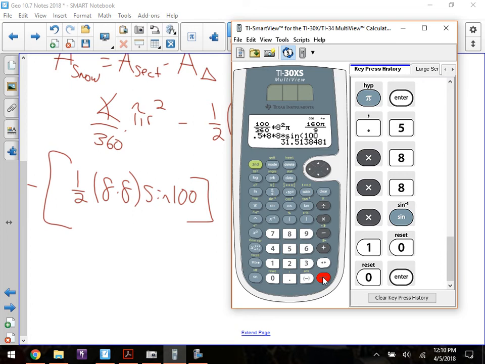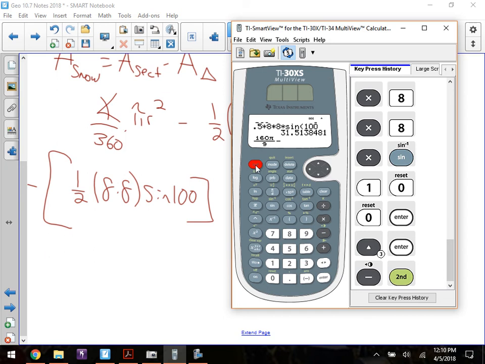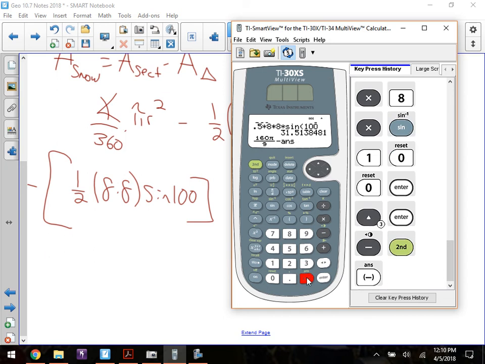I would go up twice to highlight the first answer, hit enter, and then I'm going to hit subtract, answer. And I have both of those values stored, and it should work just fine. That way you don't have to continually write everything out.